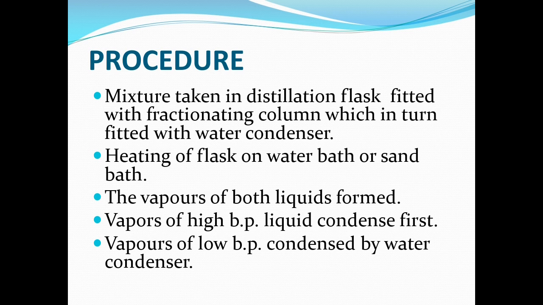In that flask, the vapors of the component having a high boiling point will come back after condensing. Then vapors of the low boiling point liquid will go into the water condenser.